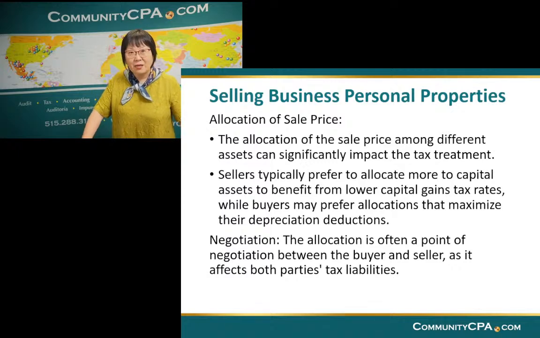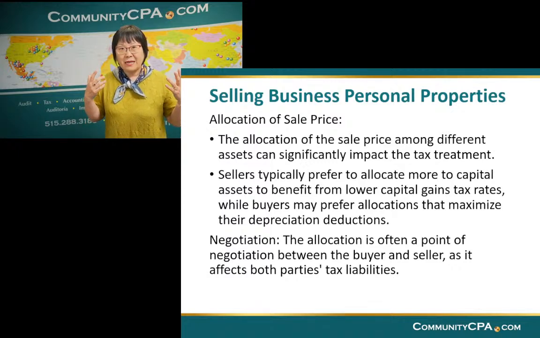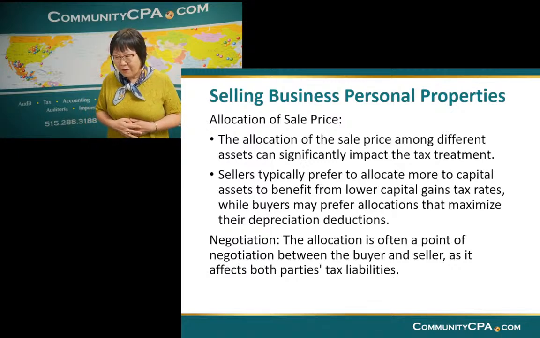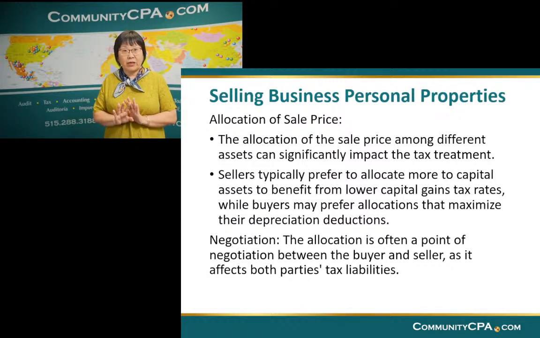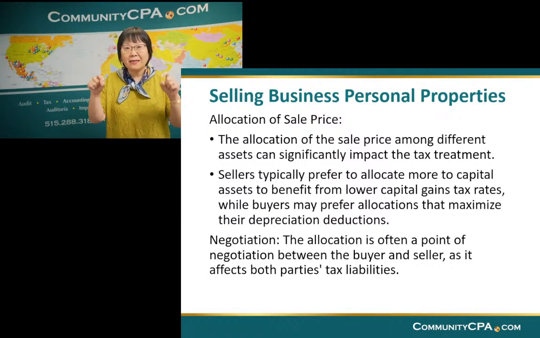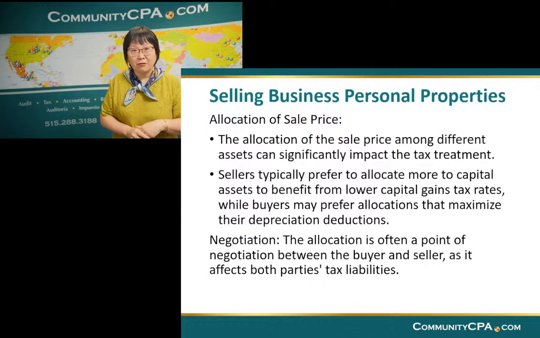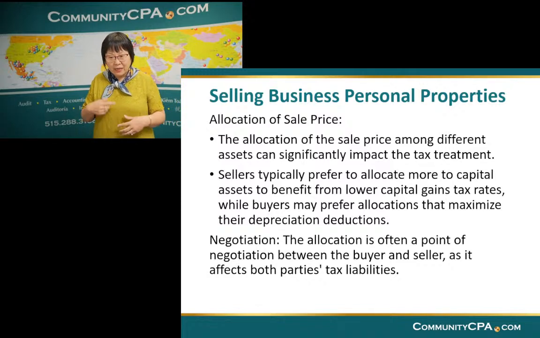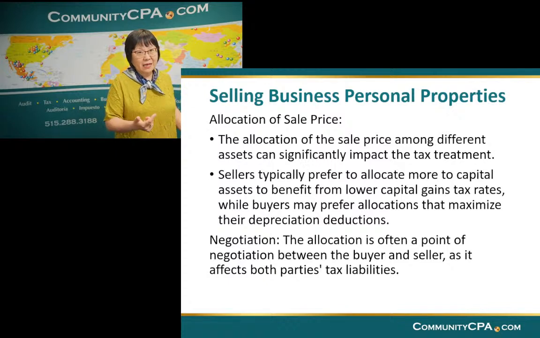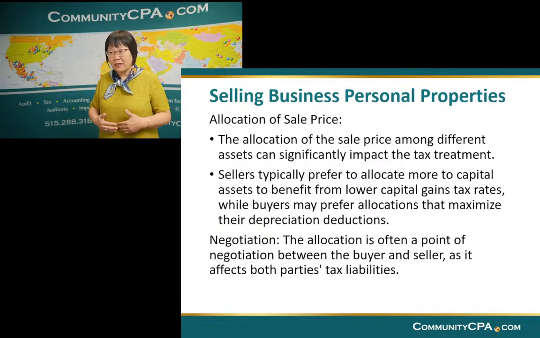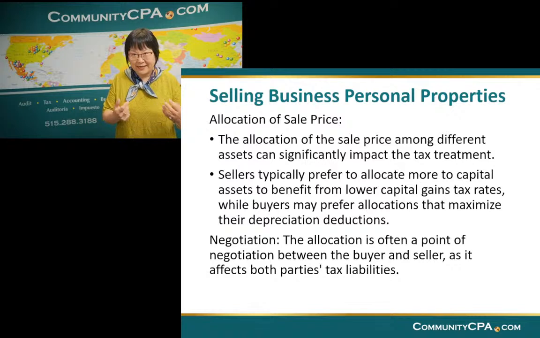With that said, it is not just saying, oh, I sell for $100,000, end of the game. No. In the sales contract, I need to categorize where that $100,000 is allocated.